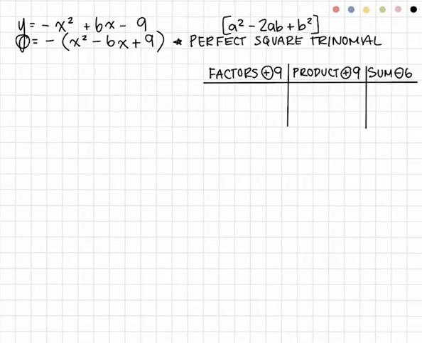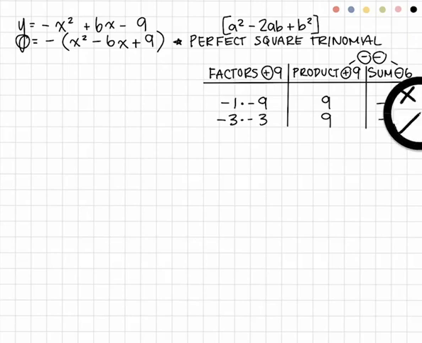Okay, so when I see I have a positive product and a negative sum, I know that my factors are both going to have to be negative. So let's start. I've got -1 times -9, that's going to be +9, but when I add that, that's going to be -10, so it's no good. Let's try the next one. It's 3, so I'm going to use -3 times -3, that's going to give me +9, and when I add those together, that's going to give me -6. Lovely.